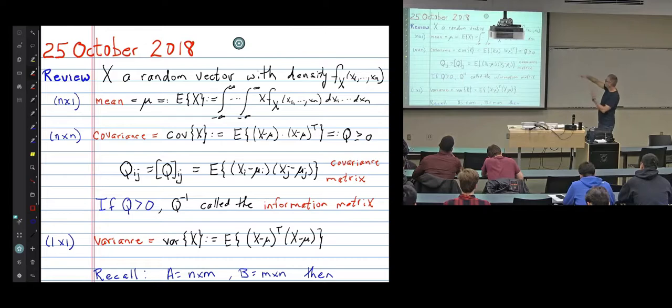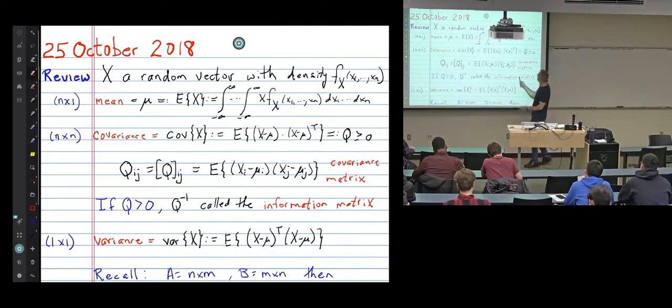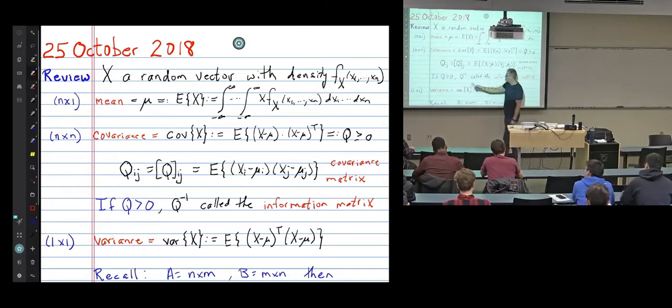So that's the covariance matrix corresponding to a random vector. It may or may not be invertible. And in all the problems we treat, we do the easiest case. Q is actually invertible. Okay, so that means it has no zero eigenvalues.